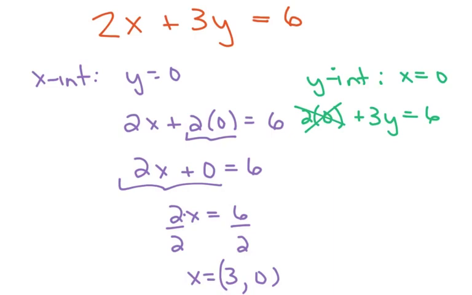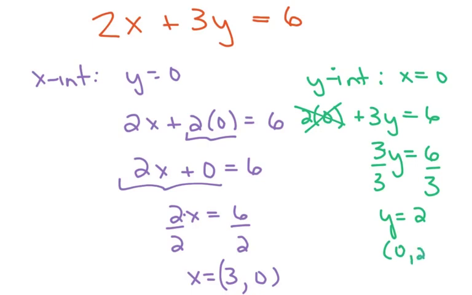I'm going to cross this off. The reason I'm crossing it off is because 2 times 0 is 0. And adding 0 to anything does not change the problem. You're really just left with 3y equals 6. Remember, that's 3 times y, so you solve by dividing by 3, and 6 divided by 3 is 2. So the ordered pair is 0, 2.